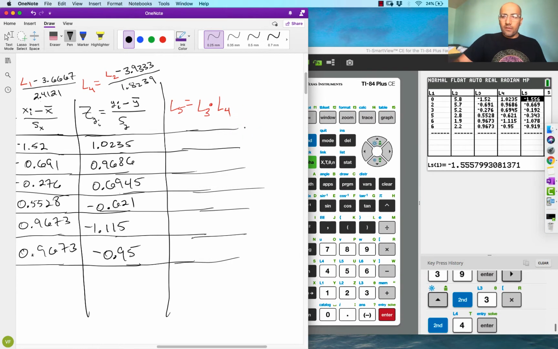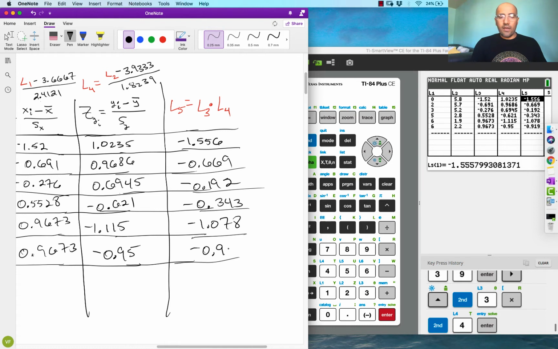So this should be negative 1.556, negative 0.669, negative 0.192, 0.92343, negative 1.078, and negative 0.919.